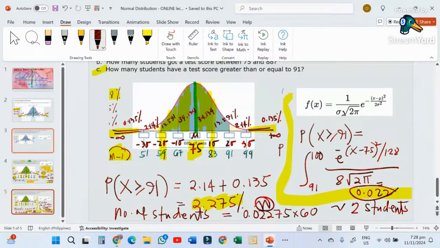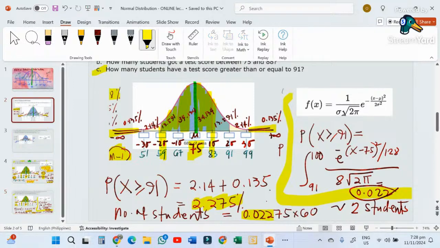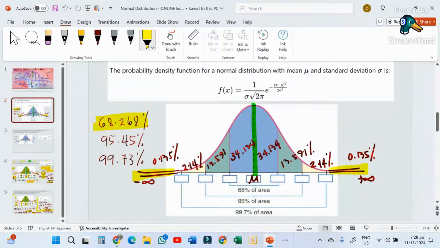So you will not expect that all values will be exactly the same, because in the curve, those are all approximations. If you have watched the early part of my video, it says there's 68% area, but that is actually 68.268%.